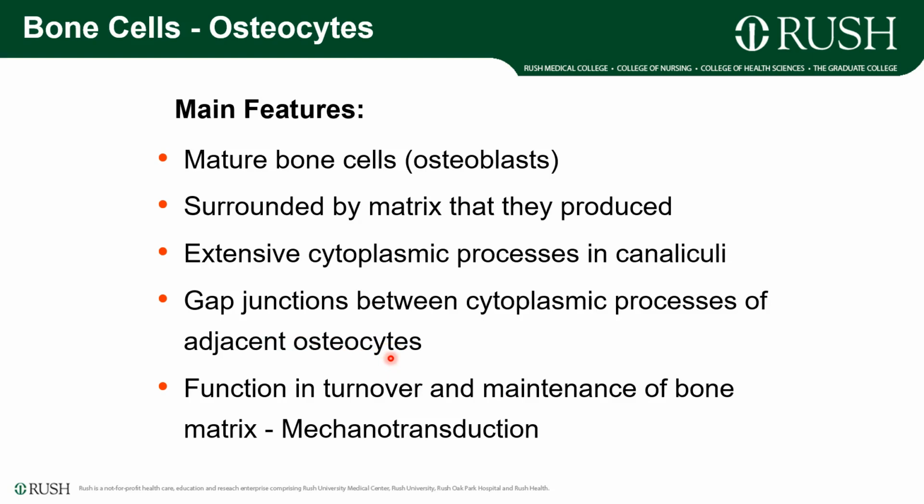These cells are very important in bone turnover, maintenance, as well as bone repair by being mechanosensors, and the process through which they act is referred to as mechanotransduction. So these cells are able to sense forces on bone and then communicate out to the cells which are able to either form or resorb bone.